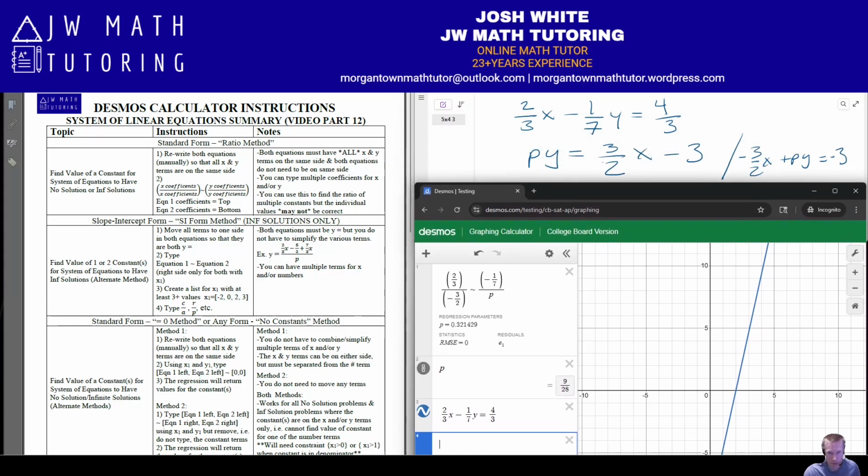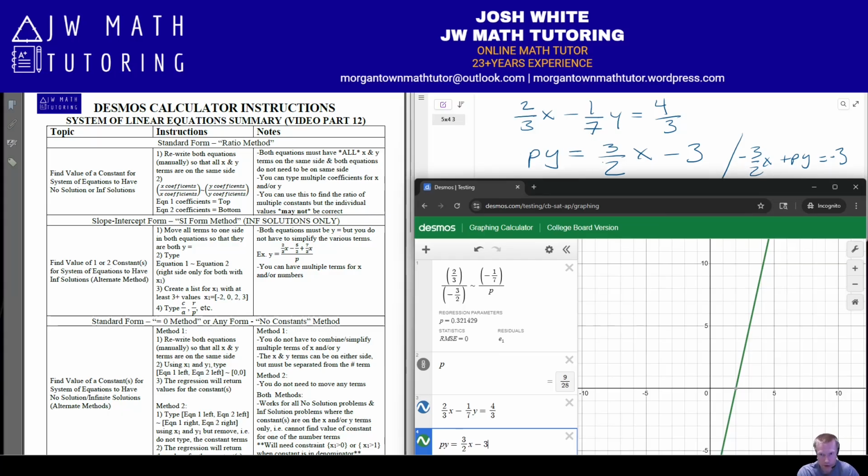Second equation, py equals 3/2 x minus 3. And notice both equations should match the exact given problem. 2/3 x minus 1/7 y equals 4/3. Check. py equals 3/2 x minus 3. Check. Okay, and they are overlapping each other. Therefore, it is confirming its infinite number of solutions. So 9/28 is the correct answer.